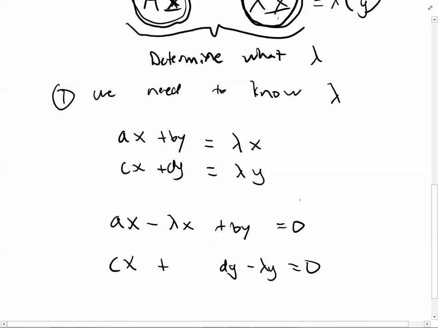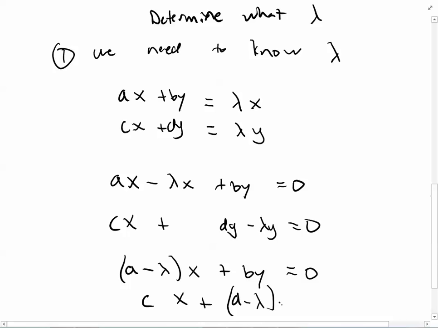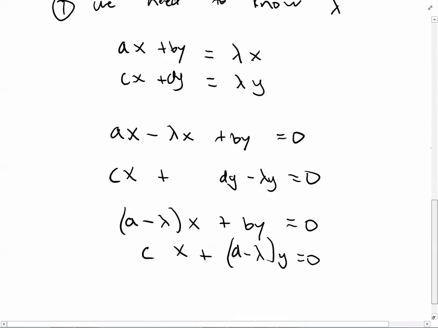So one way I could isolate the x term is by factoring out an x from this term, so that would give me (a minus lambda) times x plus by equals 0. And then cx plus (d minus lambda) y equals 0. And now I need to figure out what these values should be.